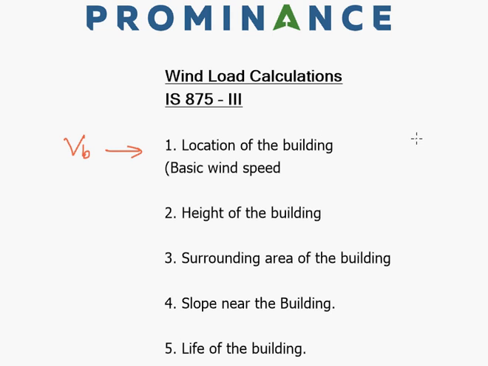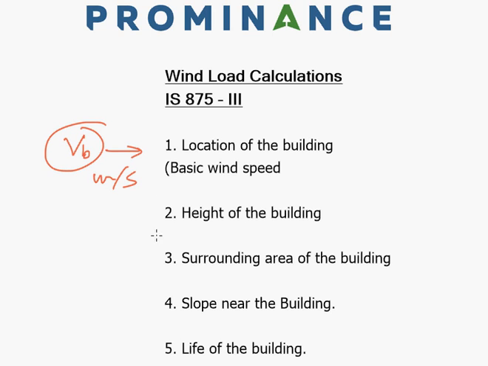This Vb in meters per second is mentioned in the standard, and it matters most, as it is directly proportional to the end wind load coming on the structure.